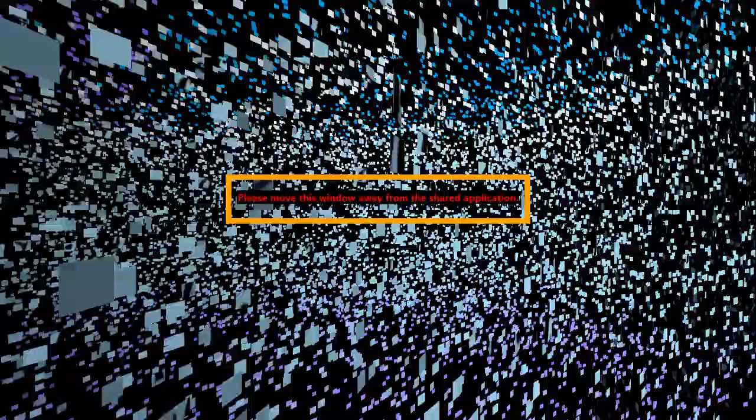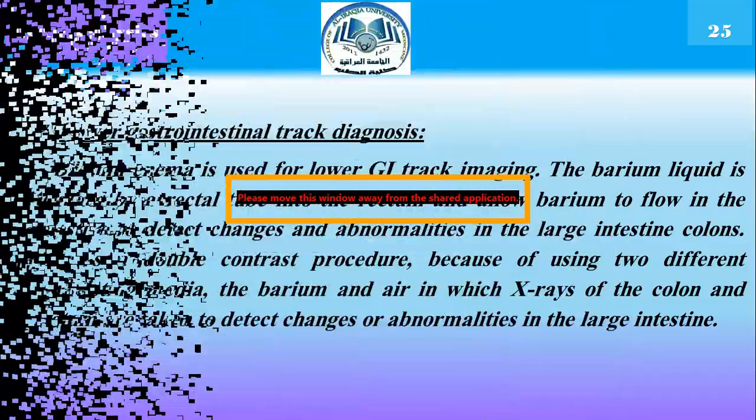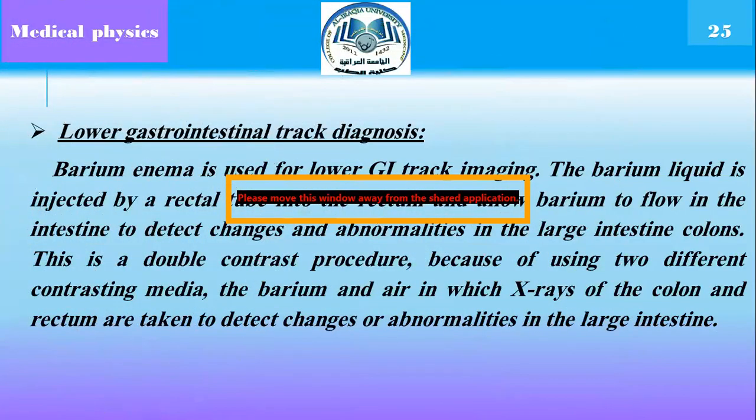Lower gastrointestinal tract diagnosis. Barium enema is used for lower gastrointestinal tract imaging. The barium liquid is injected by a rectal tube into the intestine to detect change and abnormalities in the large intestines, colon.